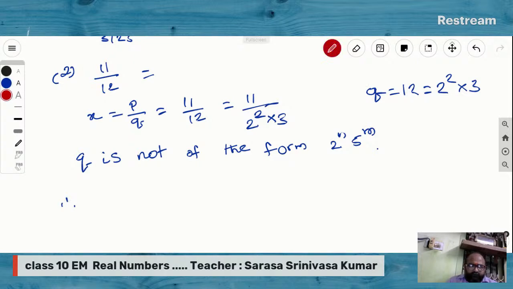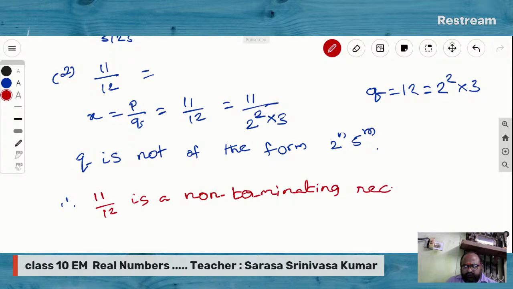Therefore, 11 by 12 has a non-terminating recurring decimal form.